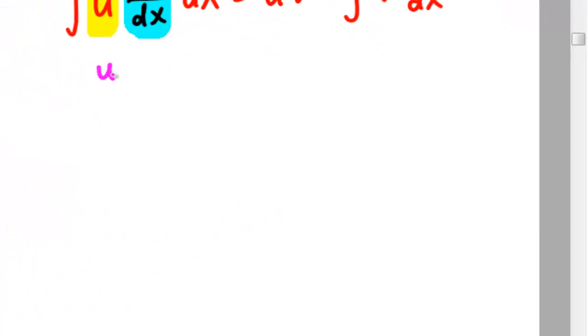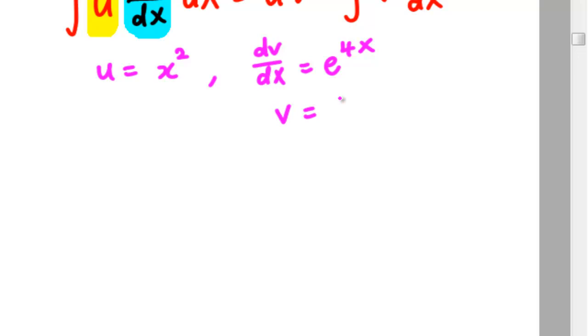So since our u is actually the x squared, and our dv dx is actually the e to the power 4x, this tells us that actually v, when we integrate it, we will get e to the power 4x divided by 4.